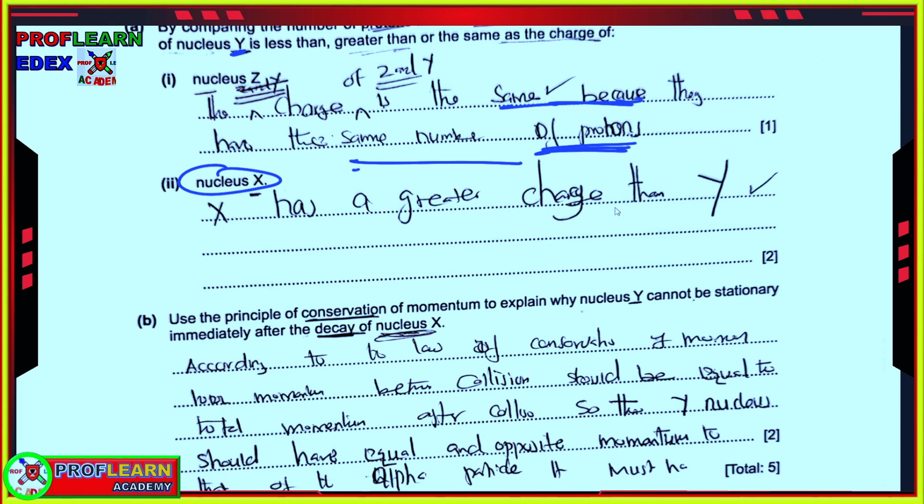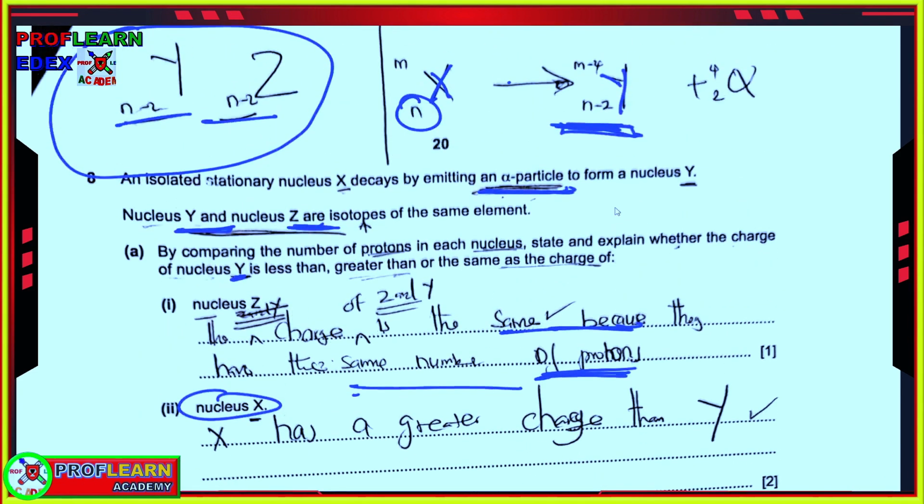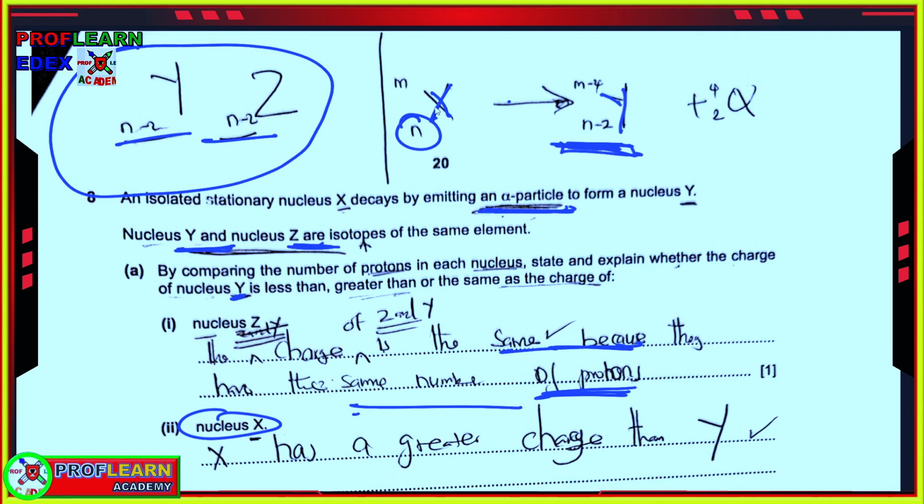Now, use the principle of conservation of momentum to explain why the nucleus of Y cannot be stationary immediately after the decay of the nucleus X. So, when X decays, it leads to the formation of Y. But for the formation of Y to take place, an alpha particle is going to be ejected.